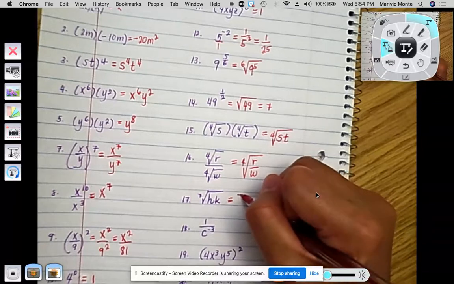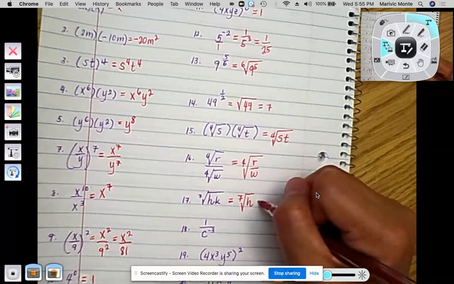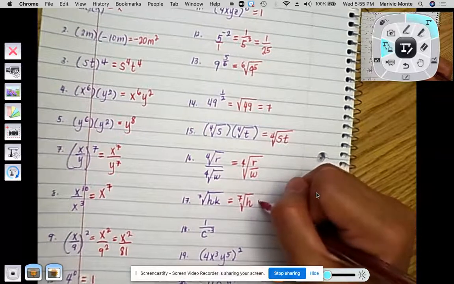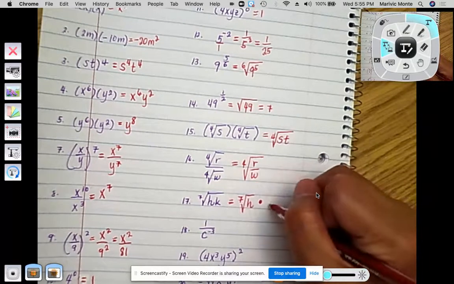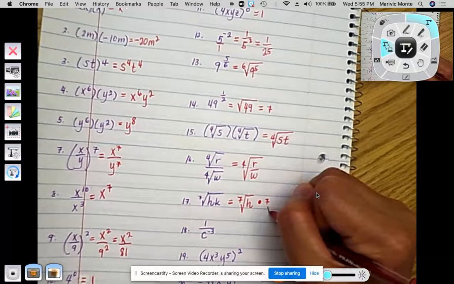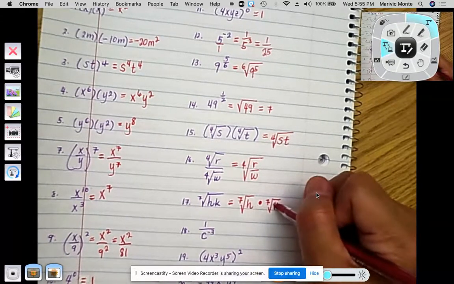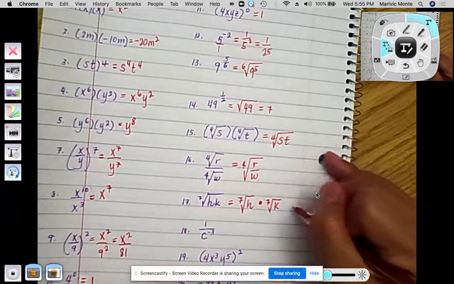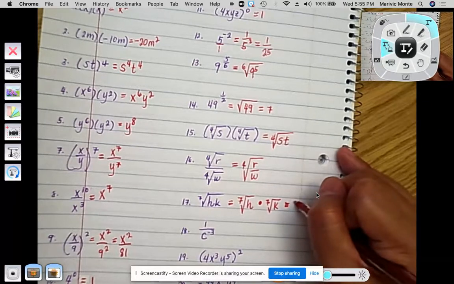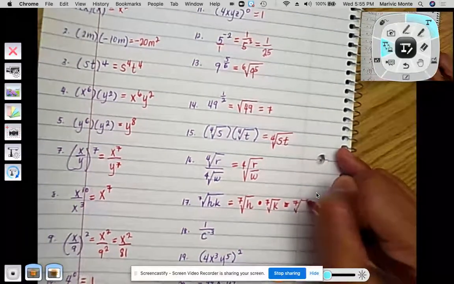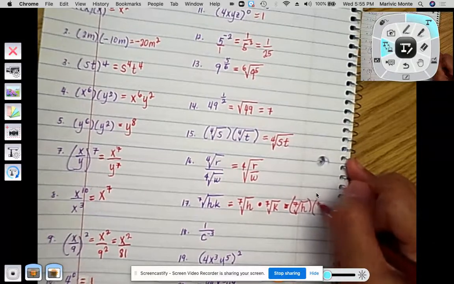If needed, you can write them as the seventh root of H times the seventh root of K. You can use the parentheses or you can use the dot to express multiplication of these two. Or you might want to remove the dot and write it with parentheses like that. So same thing.